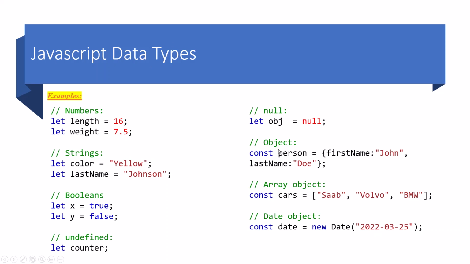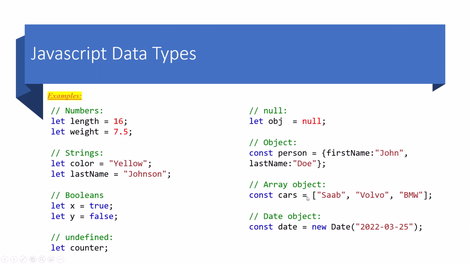Then object, which is a non-primitive data type. Here one example is given where we have the const variable person equal to first name John, last name Doe. So this is an object, and this is one of the data types. The next is array objects. Here we have the same type of data in one array with the const keyword.